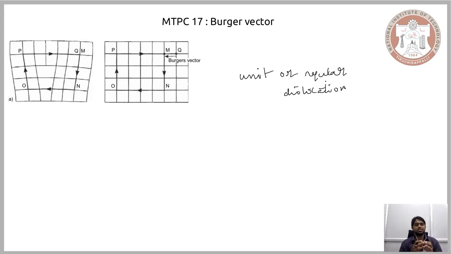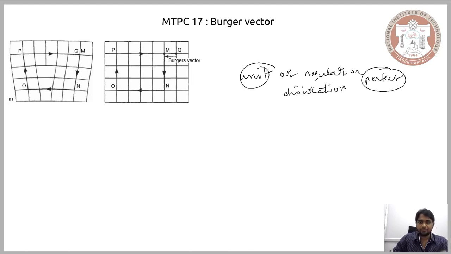So a category of dislocation can be referred to as the unit, or rather regular or perfect dislocation, when the Burgers vector rendered by this dislocation is equal to that of the interatomic spacing in a given lattice. So the magnitude of the Burgers vector is equal to the lattice translation vector. So B, the vector, is equal to the lattice translation vector.